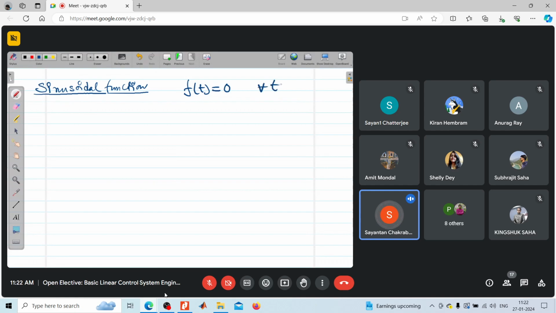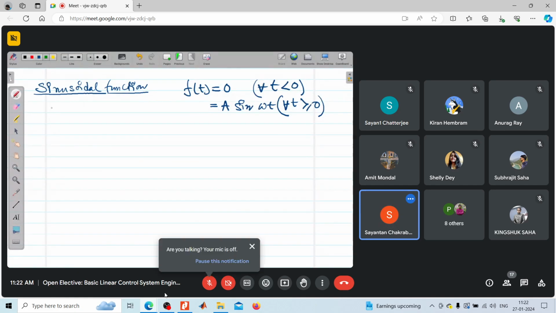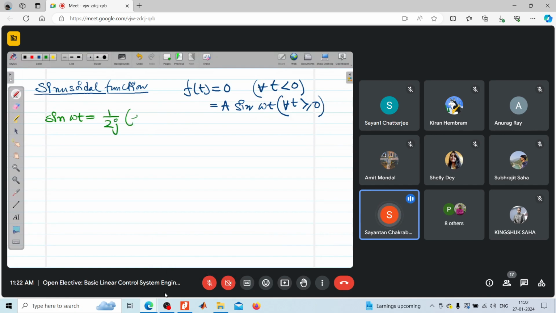Each and every time you have to declare this: it is basically a sine omega t for t greater than or equal to 0, where a and omega are constants. Now you can write sine omega t as 1 by 2j times (e to the power j omega t minus e to the power minus j omega t). See, two exponentials.